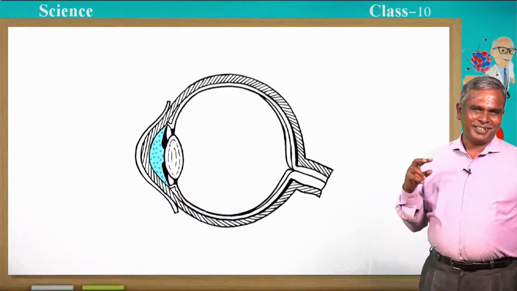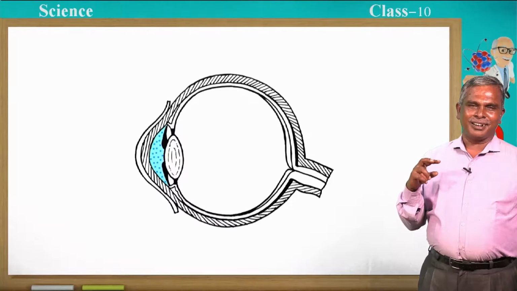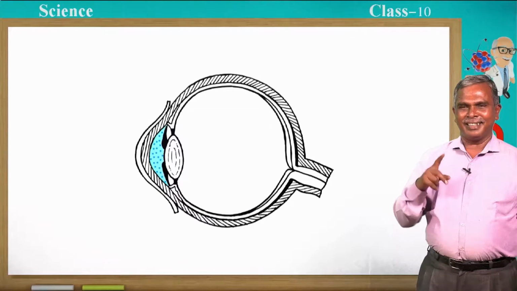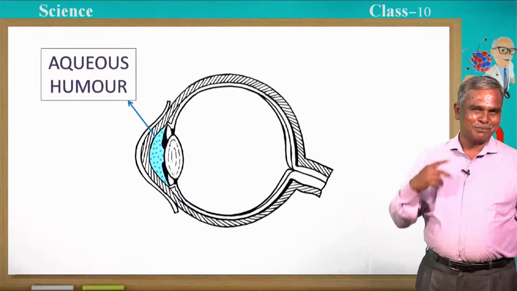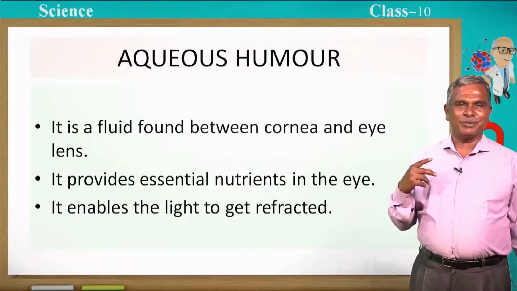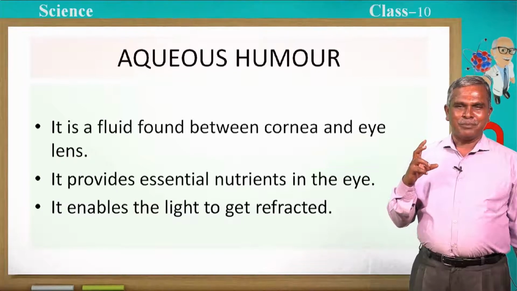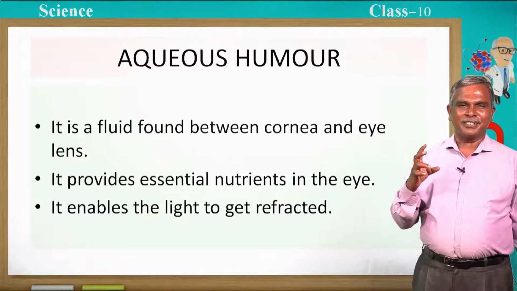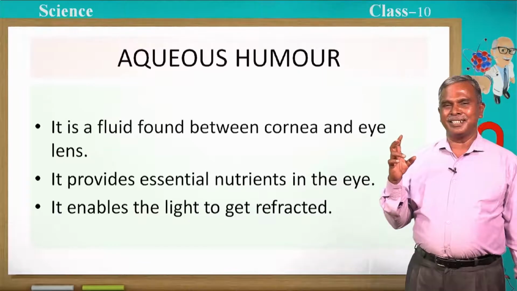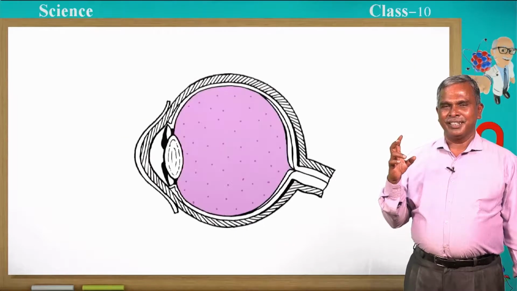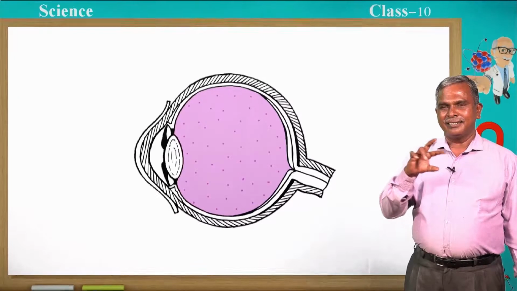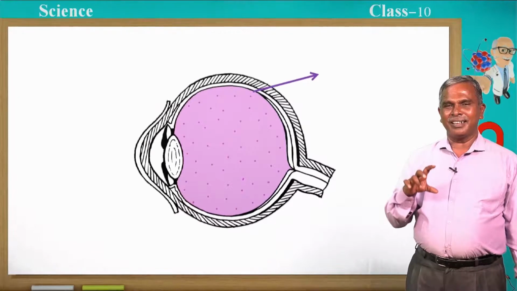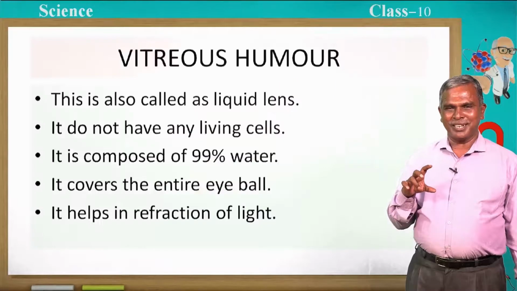There is a fluid between the cornea and the lens. That fluid is called the aqueous humor. This aqueous humor is made up of some nutrients which are very essential for the functioning of the eye. In between the eye lens and the retina, there is a vast fluid called the vitreous humor.